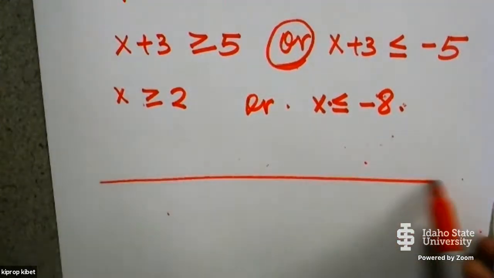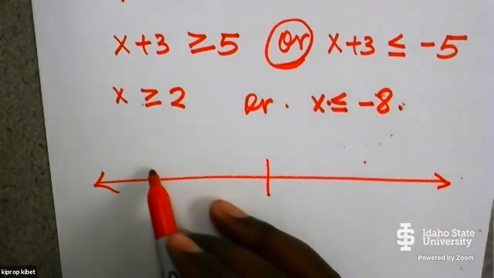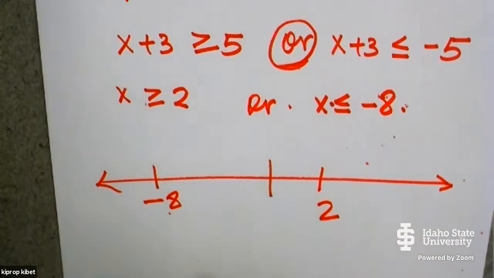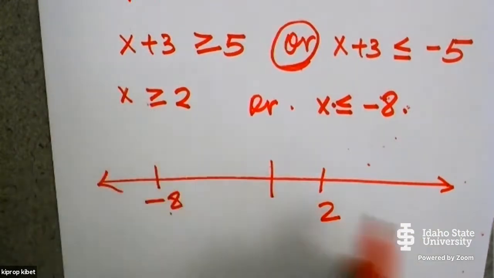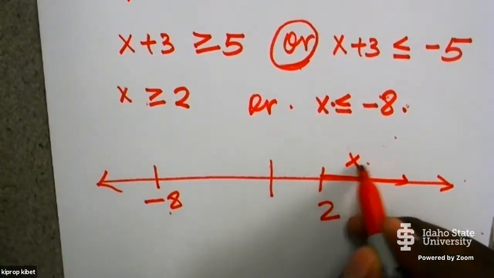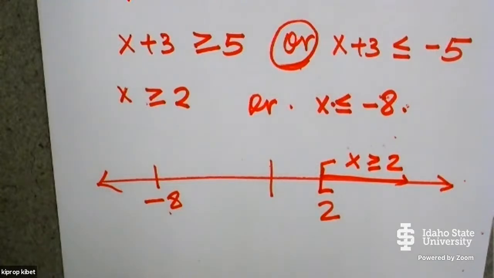So then in our number line, let's say this one is minus 8 and this one is 2. The values of x are greater or equals to 2, so it should be like that.